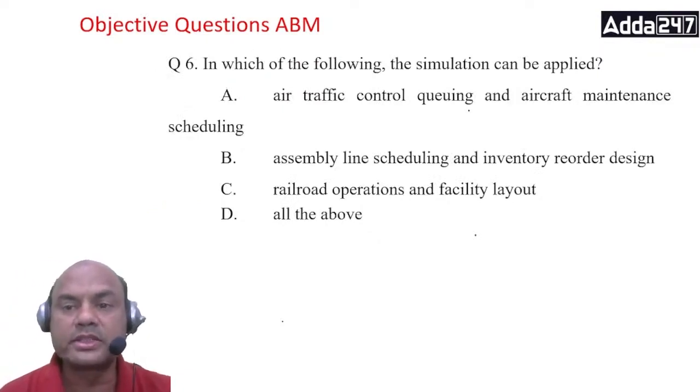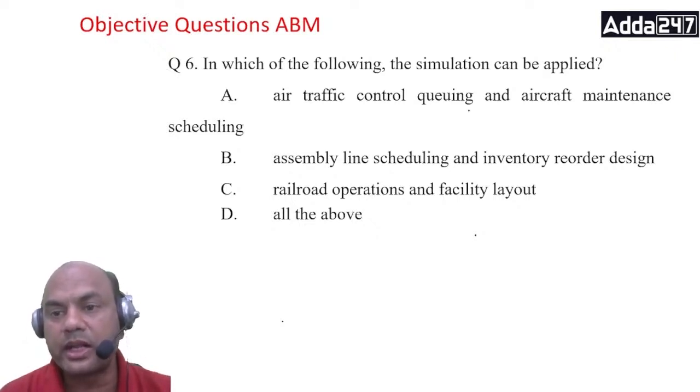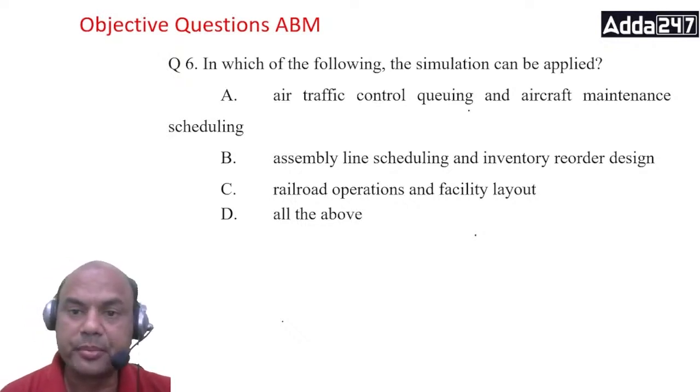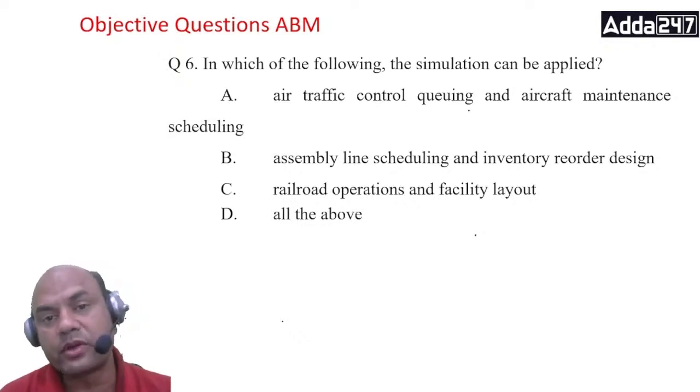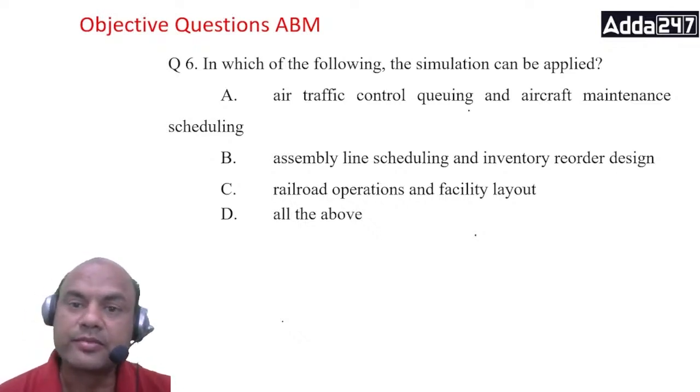In which of the following can simulation be applied? So where can the simulation be applied? Air traffic control, queuing, and aircraft maintenance, assembly line scheduling and inventory reorder design, railroad operations and facility layout, and all of the above. Simulation means what? What did we study about simulation now?